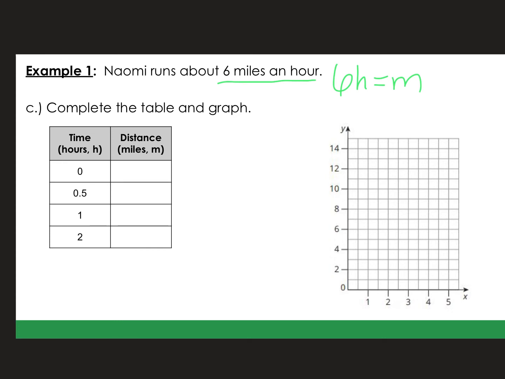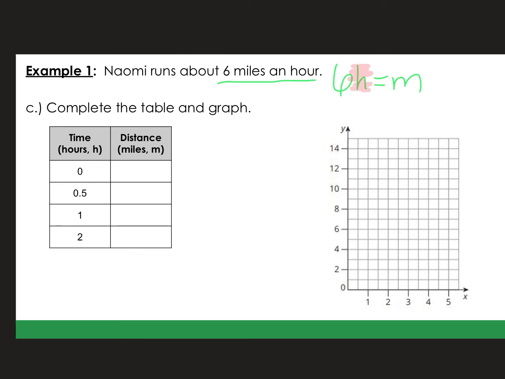So the way I do this is substitution. I can also just figure it out in my head, but I'm going to do it by substitution so you can see how that works. So if 0 hours have passed, I would take this H out, which I can highlight, and put a 0 in.